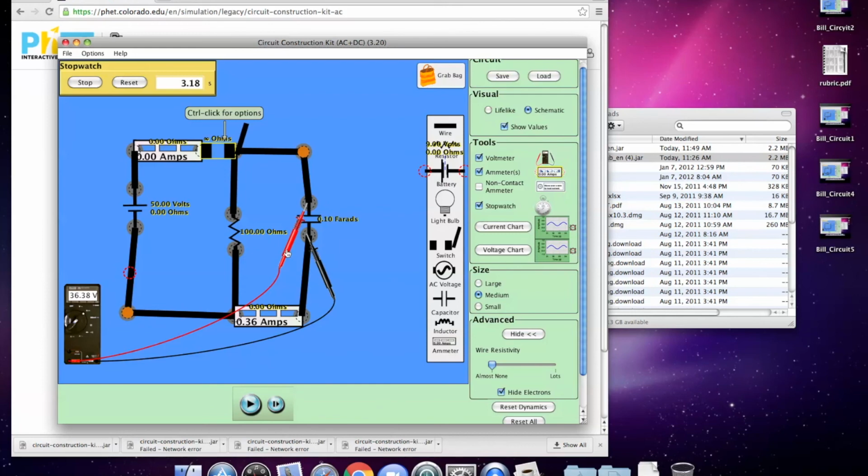And if I were to measure the voltage drop across the resistor, again, it is 0.3638 volts as well. Okay, so I'm going to go back across my capacitor again, and let me put it in a positive sense by putting my leads like such. Now let's begin the evolution of time.